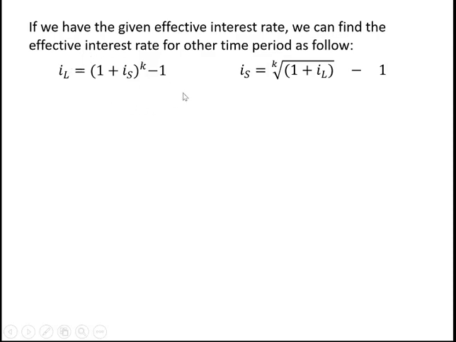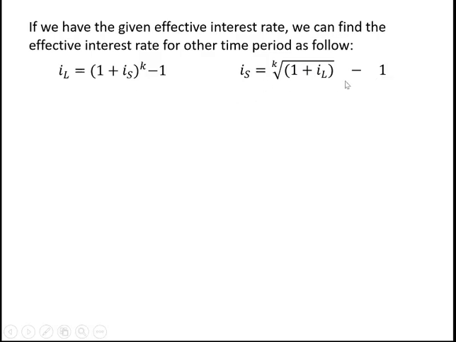The first formula: i_L = (1 + i_S)^k - 1. And here, i_S = the k-th root of (1 + i_L) - 1.